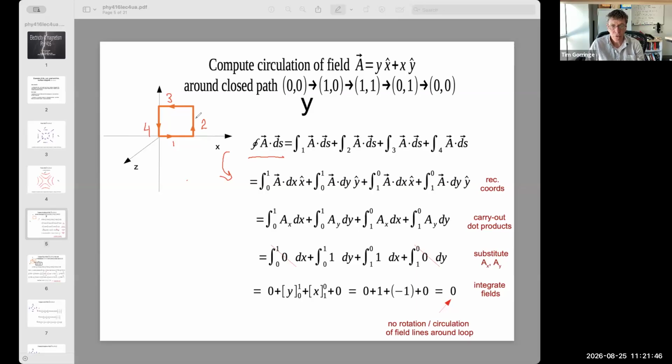So, for example, path number 1 is in the x direction. So here's the x unit vector. And each little step is an amount dx in the x direction. So this is the size of the steps. And I'm going to step from the origin to a distance 1 along the x-axis. And so that's the integral with limits on the integral with respect to x.